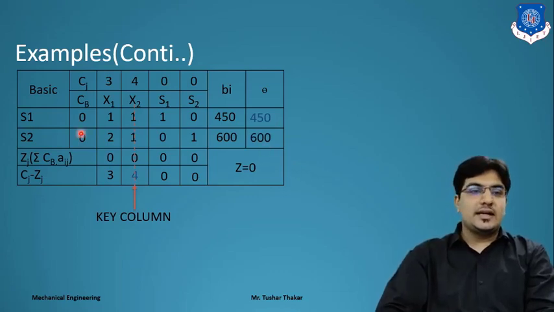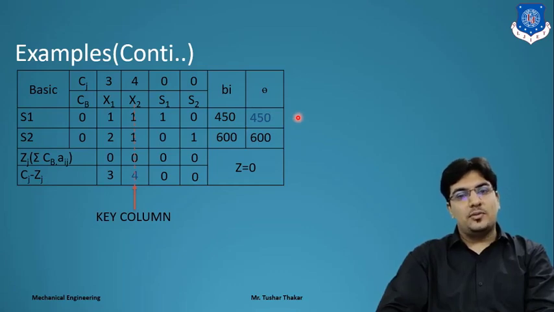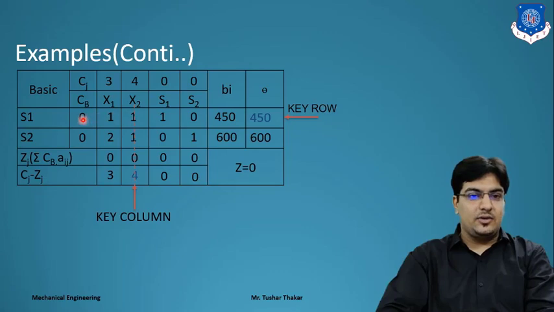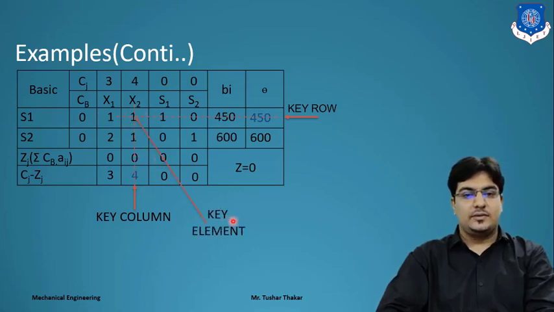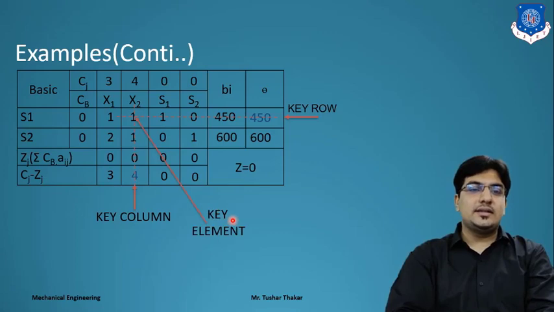So what is the key row? Here we take the maximum value for the key column, we find theta, and we take the minimum value of theta for the key row. Now we take the key row and draw a line. The intersecting point of the two lines is known as the key element. What is the next step?